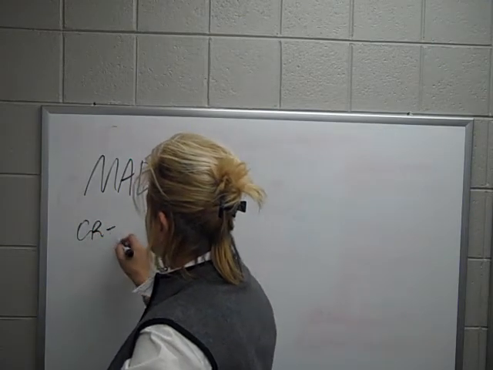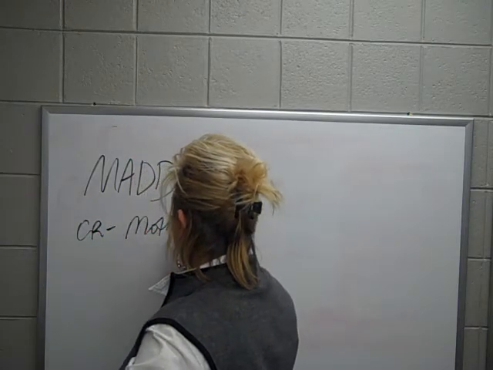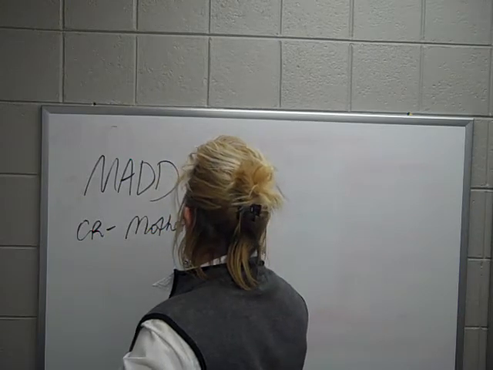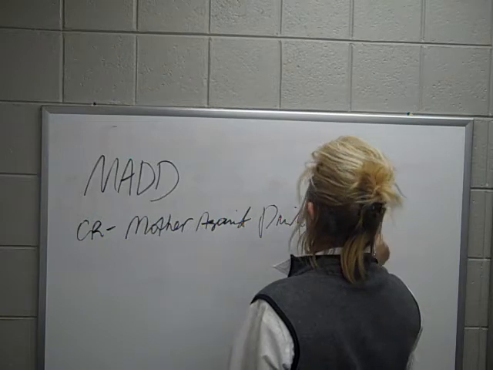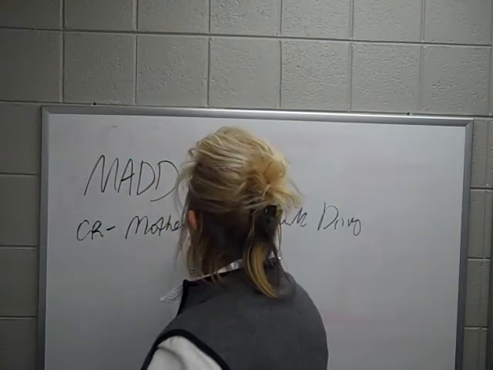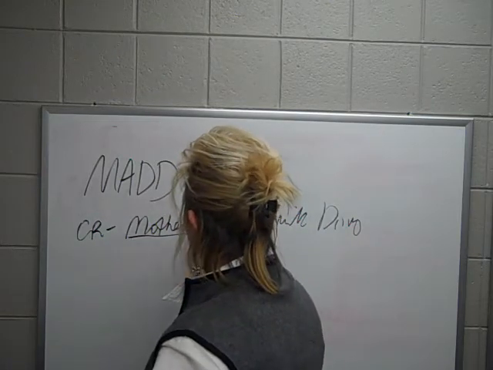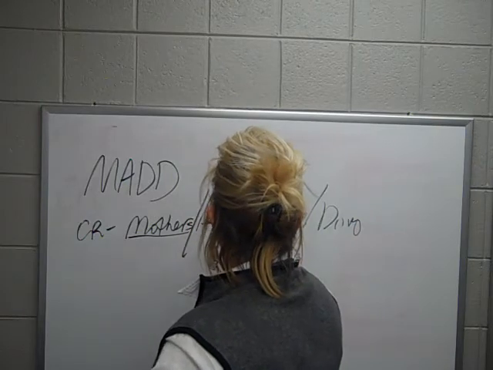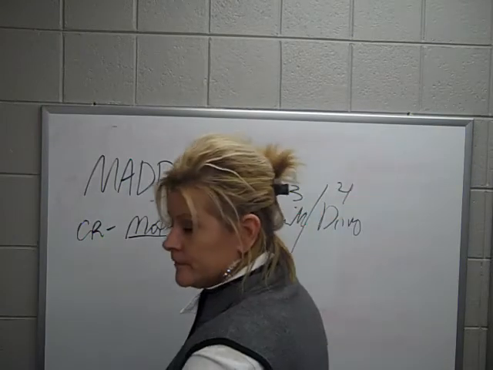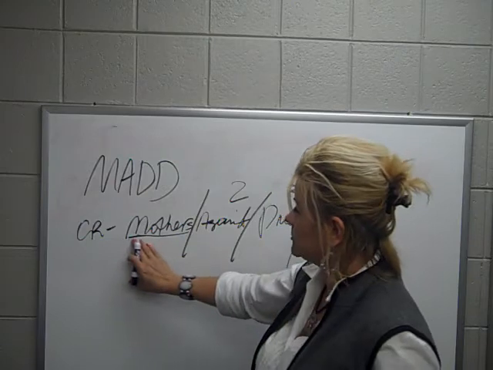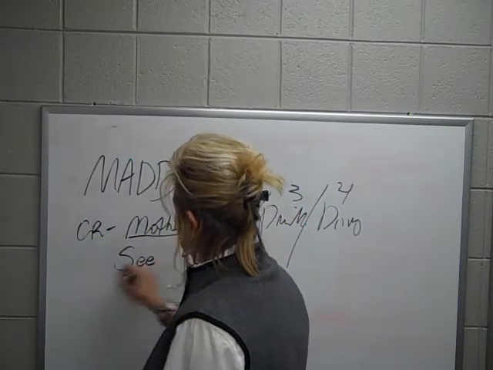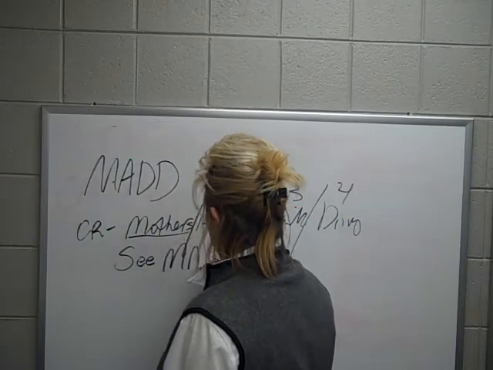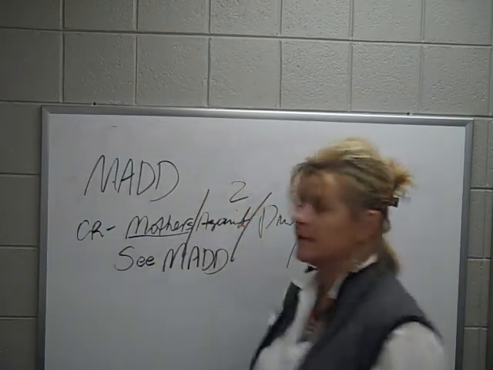So we're going to cross-reference it, Mothers Against Drunk Driving. Okay, so mothers right here. We're going to go to the M's. So then we're going to have C, MAD. Just like that.